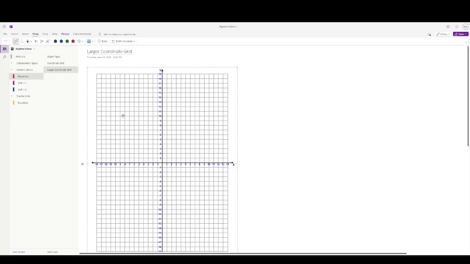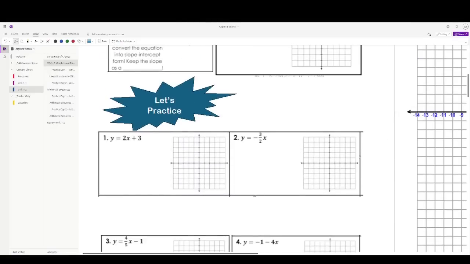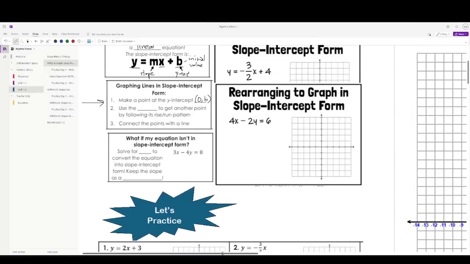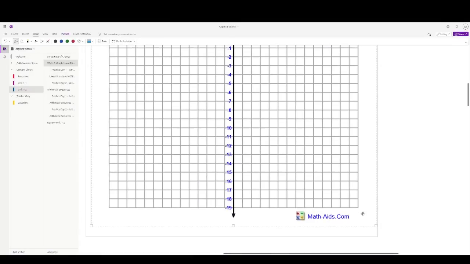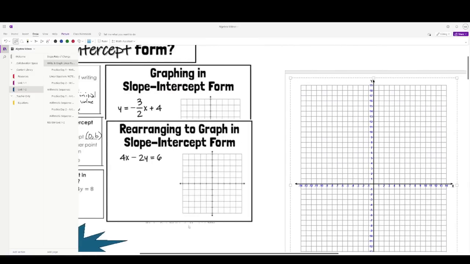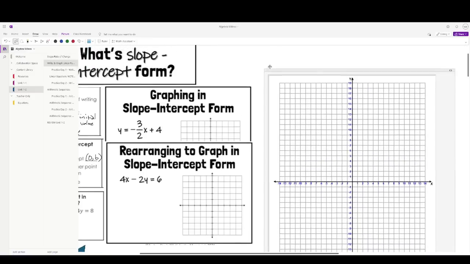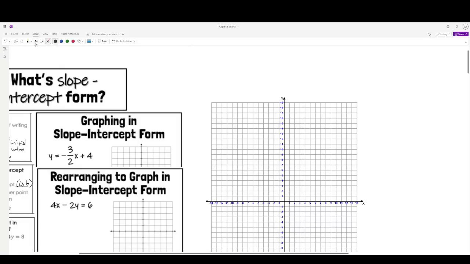You would just long press, hold down your finger and then it'll pop up and you hit copy. And I'm going to go back over here, and since I'm using a keyboard, I have to hit Control V. You should be able to long press and do that too. So now I have this graph that I just made a copy of from my other spot, and I can use it for this problem where I'm missing a graph. Not something you normally need to do in your notes because we'll fix that, but it's a nice thing to have.